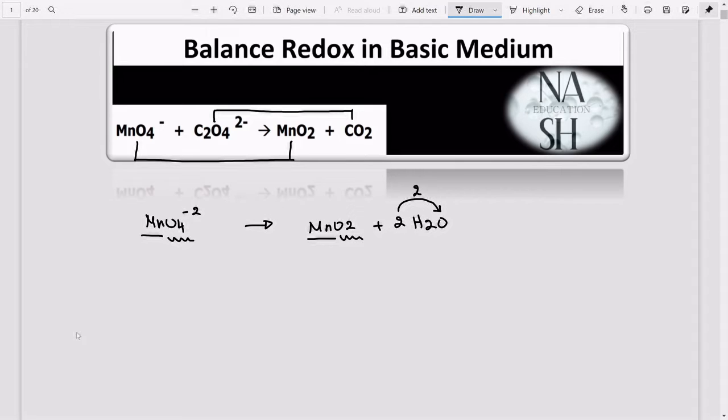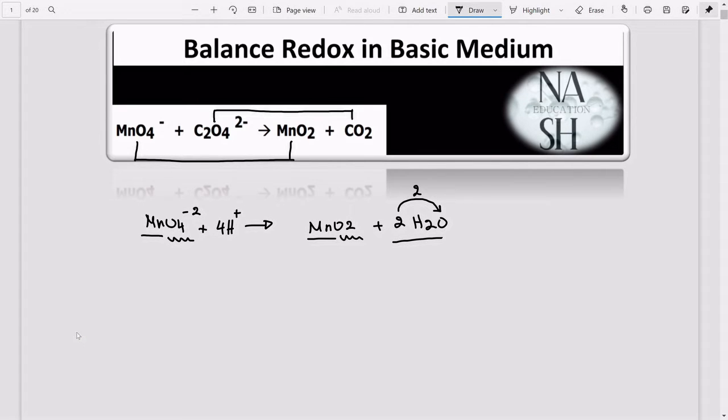At the moment we added oxygen by adding water molecule, we will find the number of hydrogen atoms that are going to be created. So now we have 4 hydrogen atoms on my right side, and that needs to be balanced. So I'm going to add protons, 4 H plus, on my left side.